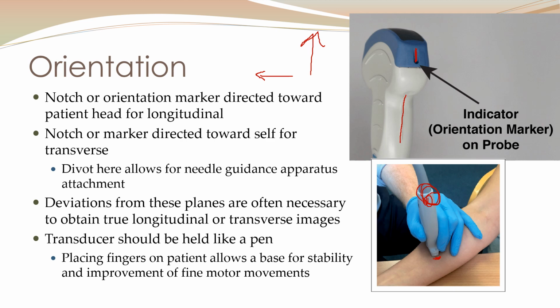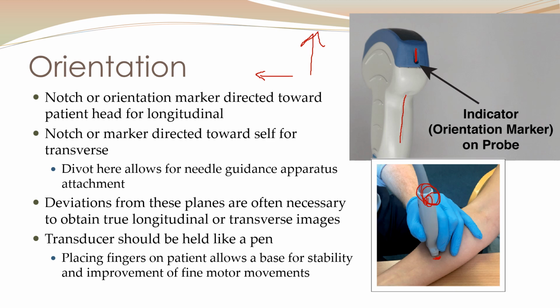One of the most recommended hand grips that you might want to look into using is the one demonstrated here by this sonographer. So you can see that they're using the 3rd through 5th digit here to brace themselves or steady themselves on the patient anatomy, while maintaining a strong grip with the 1st and 2nd digit, so that they can get those fine motor details.